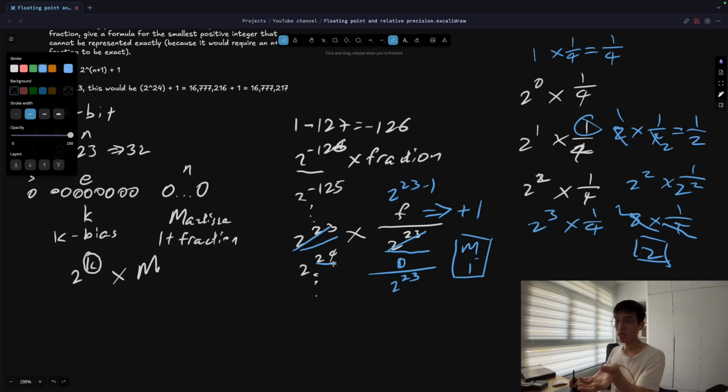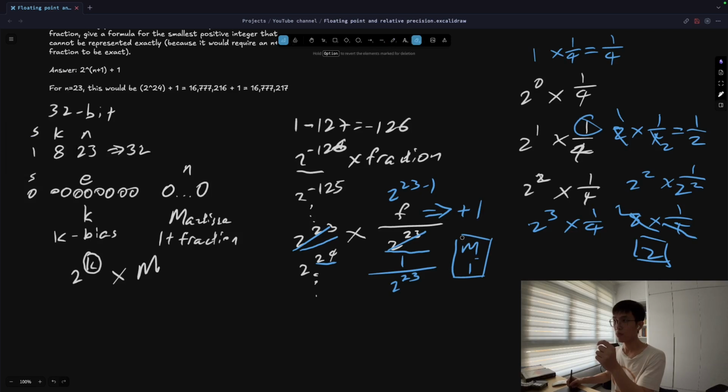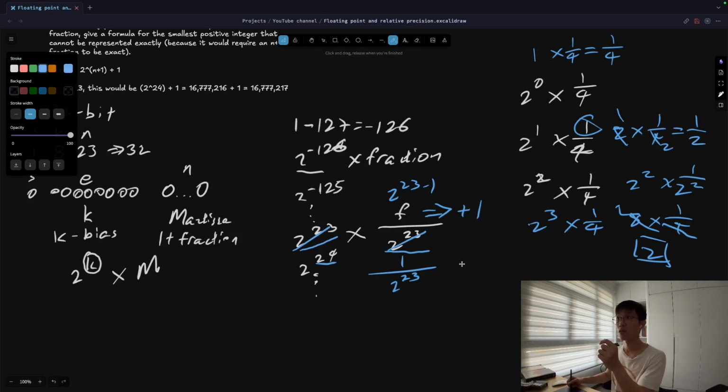Now, when we increment the next fraction bit, so let's say this becomes 1, the mantissa value becomes 1 plus 1 over 2 to the power of 23, right?